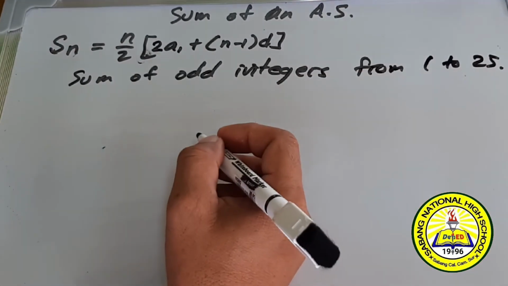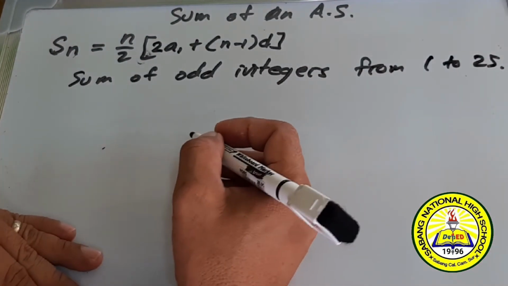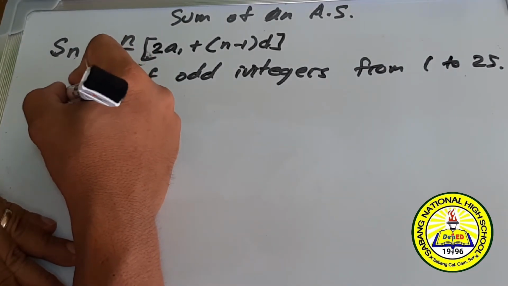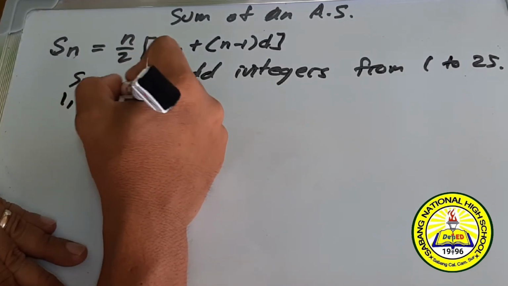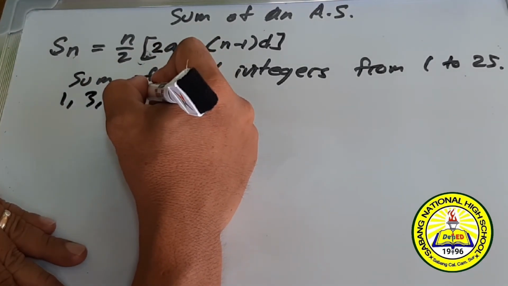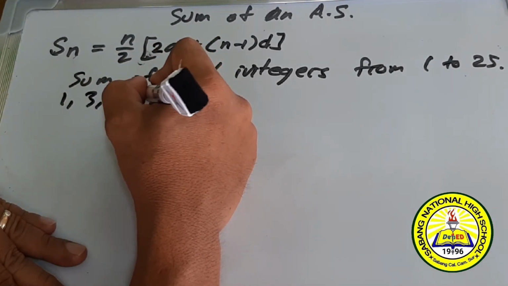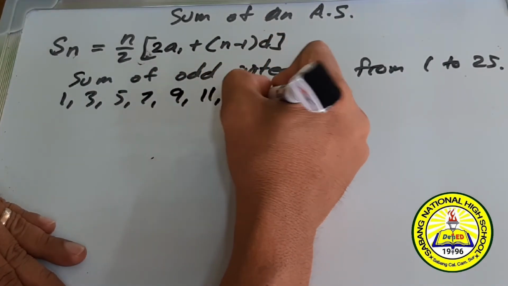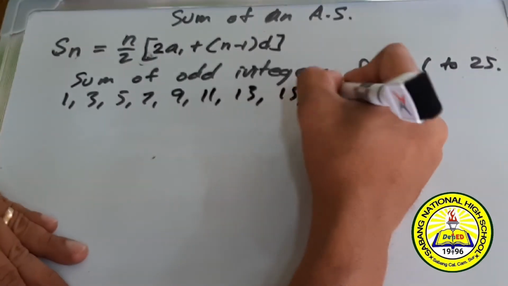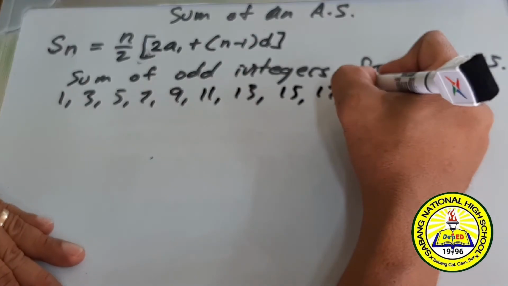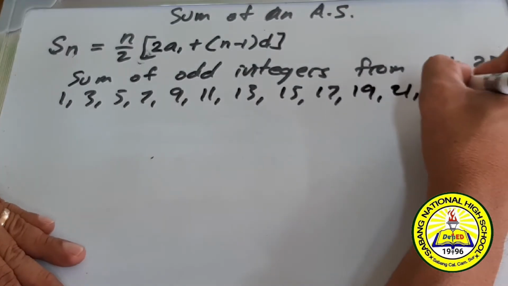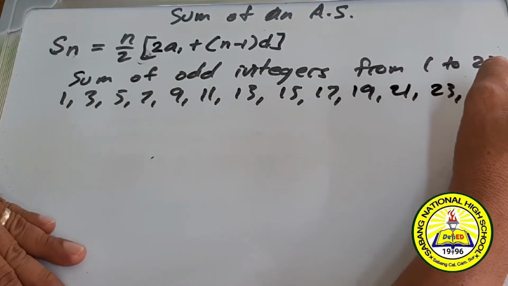So to find that, let us again write the sequence. So we have 1, 3, 5, 7, 9, 11, 13, 15, 17, 19, 21, 23, and last is 25.